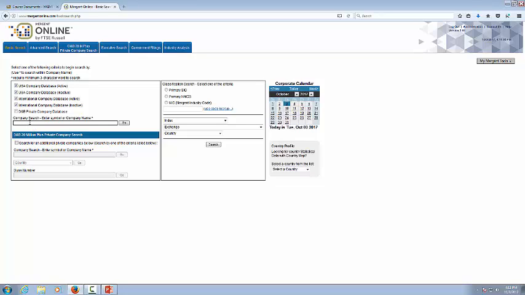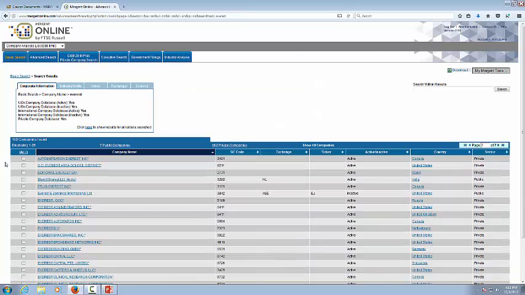This gives you a free text box where you can search on the company name. Everest, for example. There's a number of different companies named Everest.